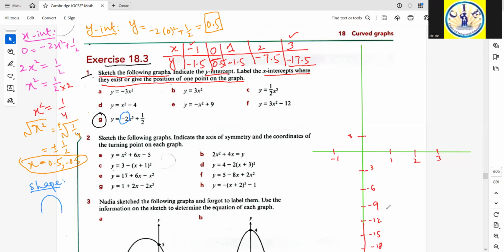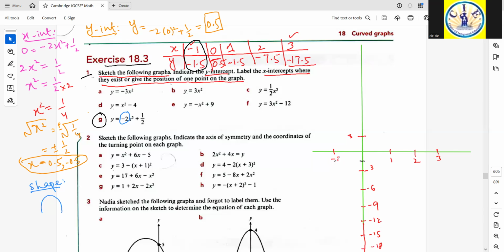So that would be the axis drawn. Okay. Now we need to plot the points. For x equals -1, I need to plot -1.5 for y. So -1 and -1.5. In between 0 and -3, we are going to have -1.5.